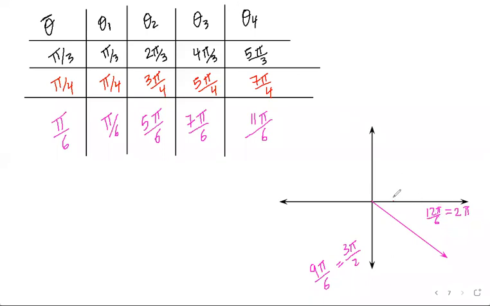So the angle is in the fourth quadrant, starting from here, turn around, up here. This is theta 4, because it's in the fourth quadrant, so theta 4 is equal to 11 pi over 6.